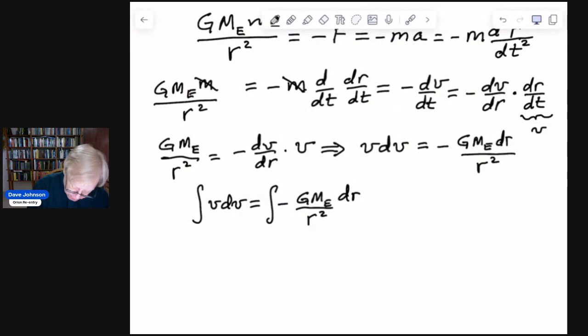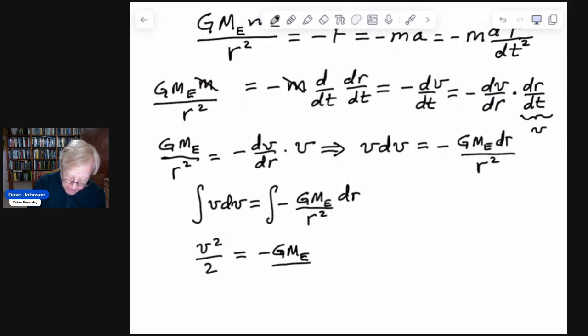So we get on the left side v squared divided by 2, so that's the integral of v. And on the right side, let me bring out the negative GM sub e, and then the integral, so that's r to the negative 2, and the integral of that is going to be r to the negative 1 divided by negative 1.